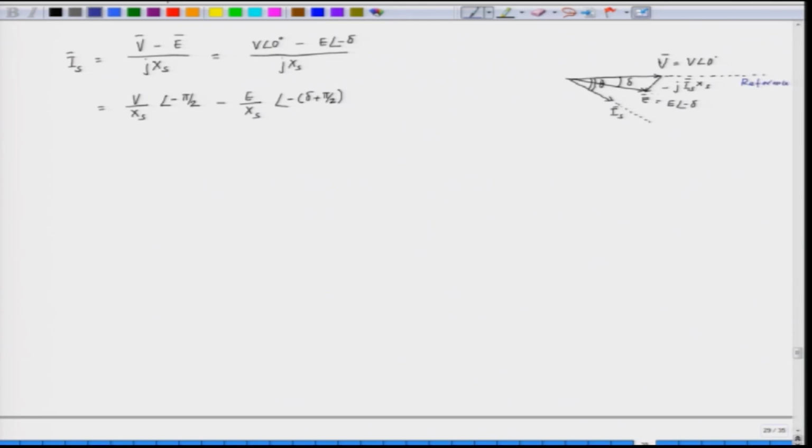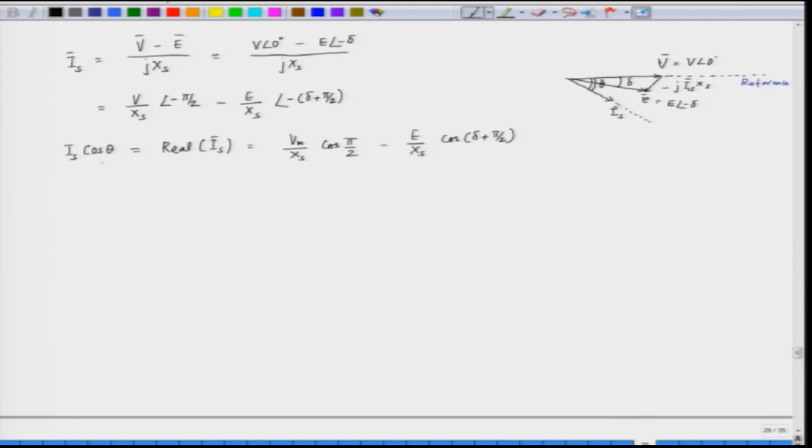If we want to find the real part of this, the real part of the I_s phasor is I_s cos theta, and that is equal to V_m by X_s into cos of pi by 2 minus E by X_s into cos of (delta plus pi by 2).